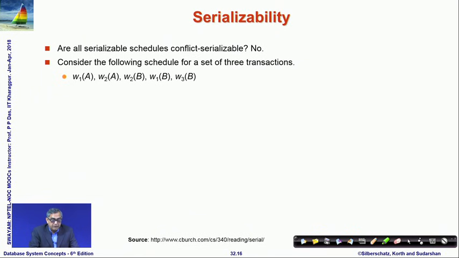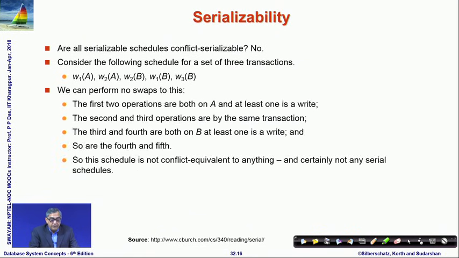I have given a small example, which I will leave to you to go through in detail and understand, where it is not possible to show that it is conflict serializable. There are 3 transactions here, W1, W2 and W3, and you cannot swap non-conflicting instructions in this schedule and convert it into a serial schedule.